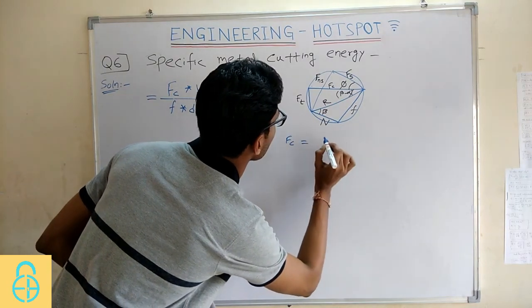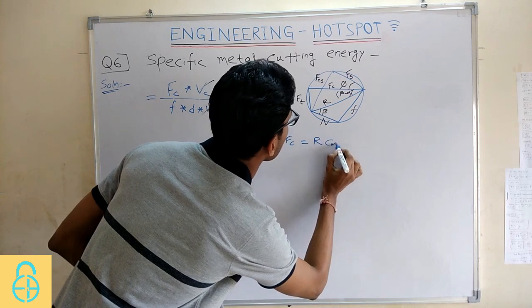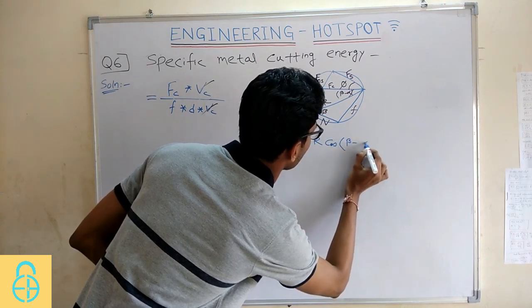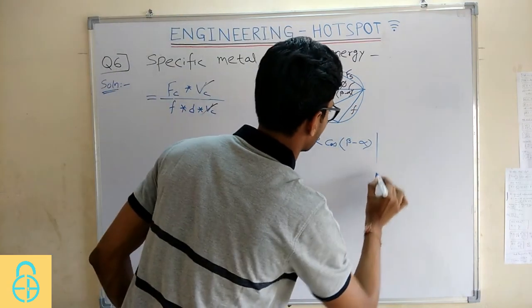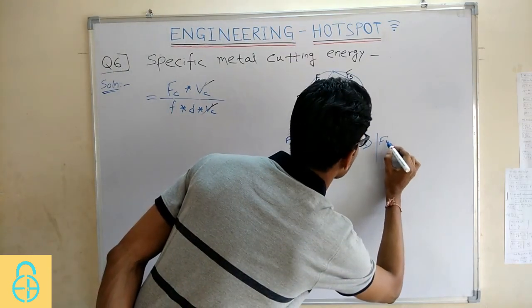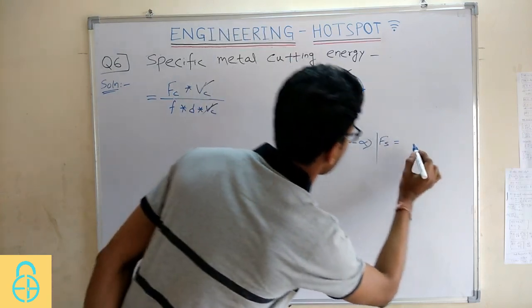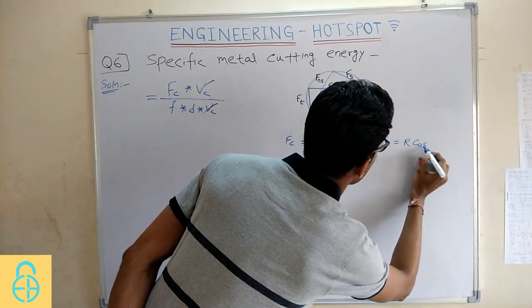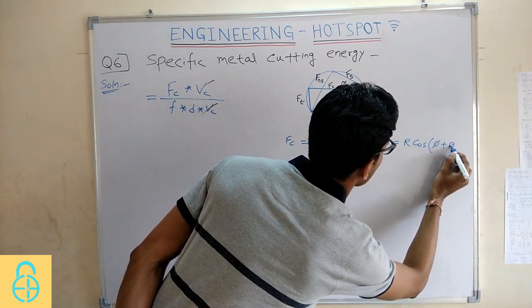Now from this figure you can write Fc is equals to R into cos of beta minus alpha, and you can also write Fs is equals to R cos of phi plus beta minus alpha.